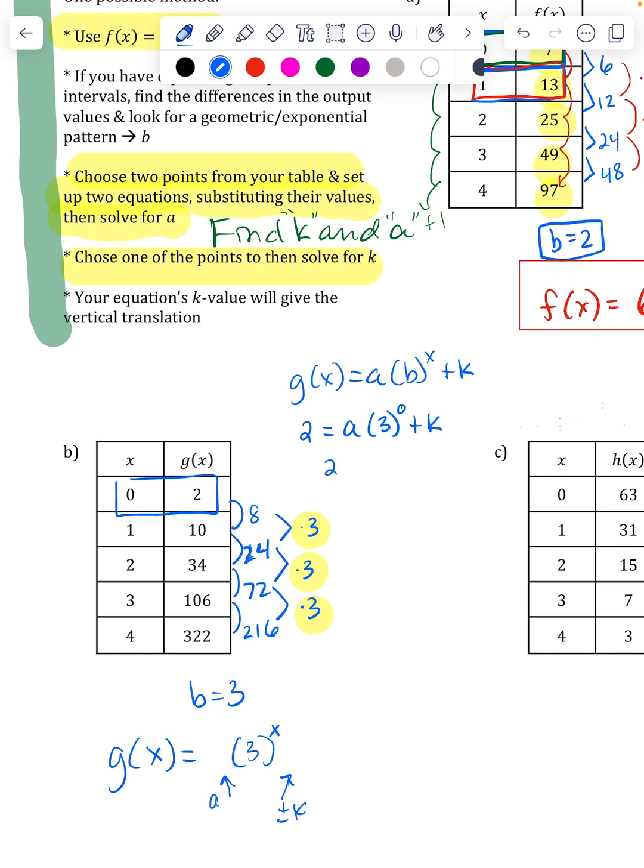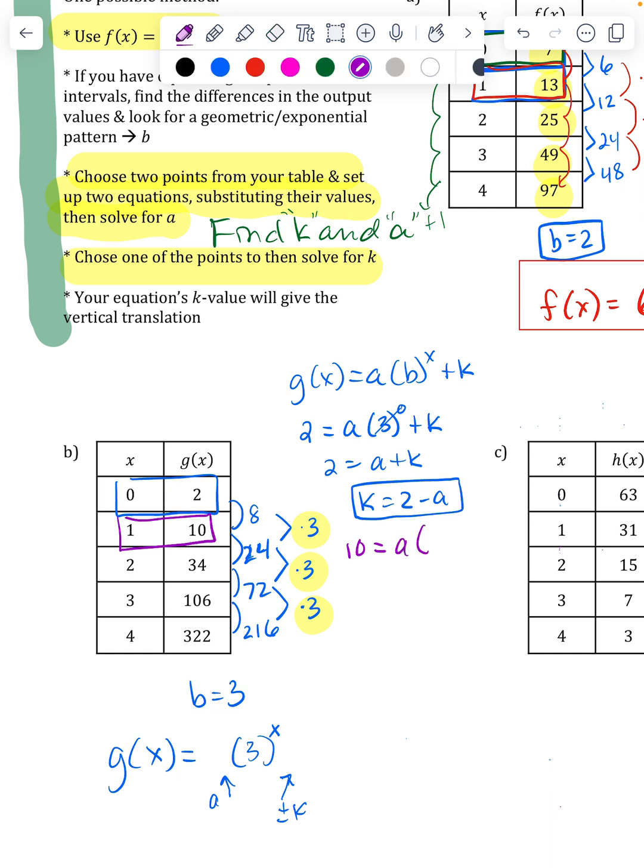That simplifies to be 2 equals 3 to the 0 is 1. So a plus k. So k will equal 2 minus a in that first scenario. Let's do the same process with the second point. And you could really use any of them. I guess I'm in a habit of using the first two. So my y will equal my a.